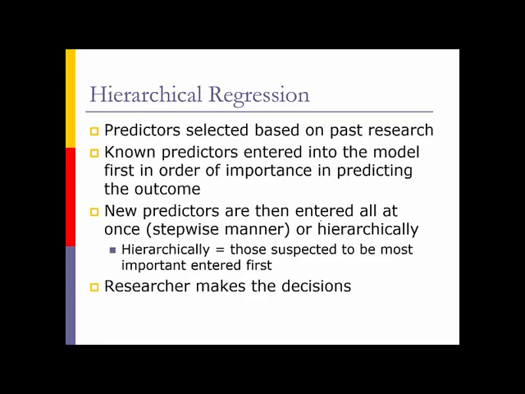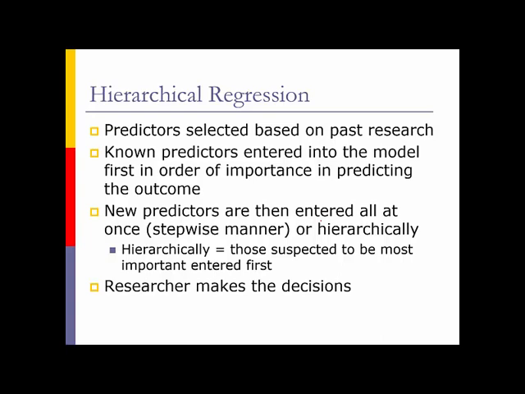So hierarchical, that's where you have past research. So you know you have past research, and you're going to put those into the models first. Now, when it gets to running this on SPSS, this is going to seem very odd, because within hierarchical, you could use forced entry or stepwise.